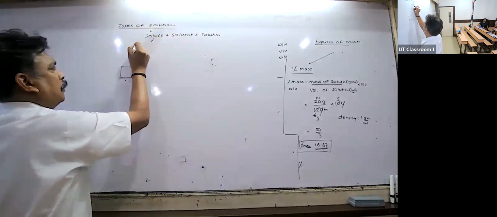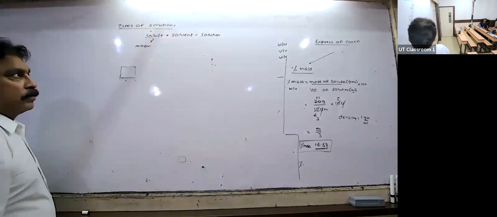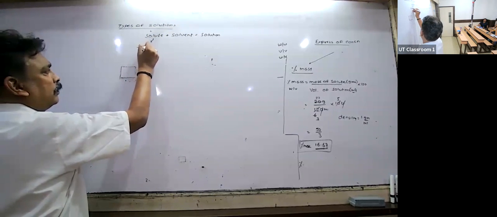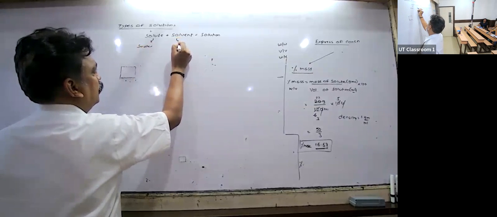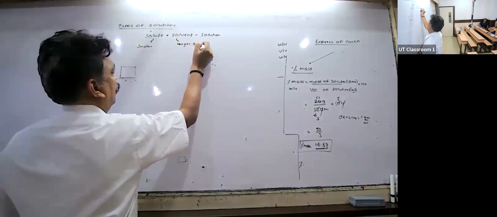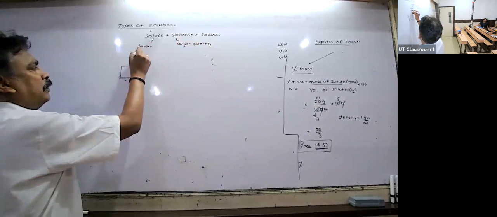Solute is a minor quantity of a substance, always present in a smaller quantity, whereas solvent is always present in a larger quantity. Smaller quantity, larger quantity.